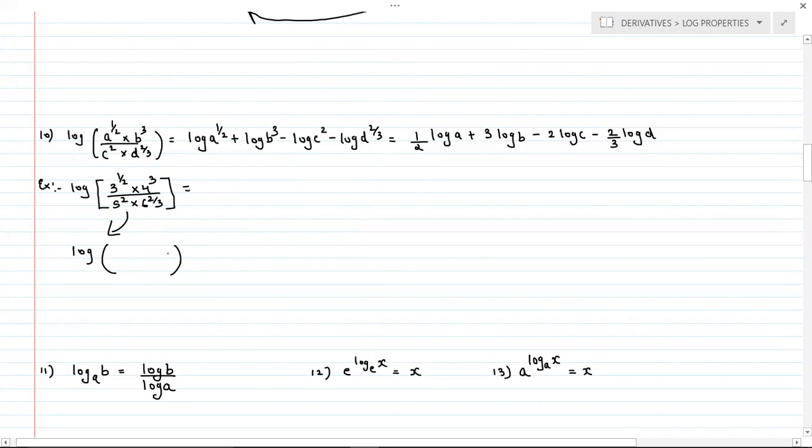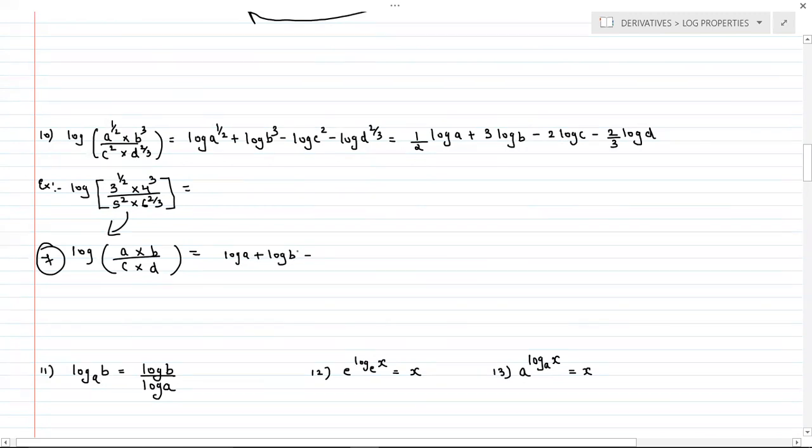So according to the property, let's replace all the values by some other alphabet. Let's replace 3 raised to 1 by 2 by A, 4 cube as B, 5 square as C, and 6 raised to 2 by 3 as D. So we know that this looks like property number 7, and in property number 7 we know that when in the numerator there are more than 1 term, it will get converted into addition.